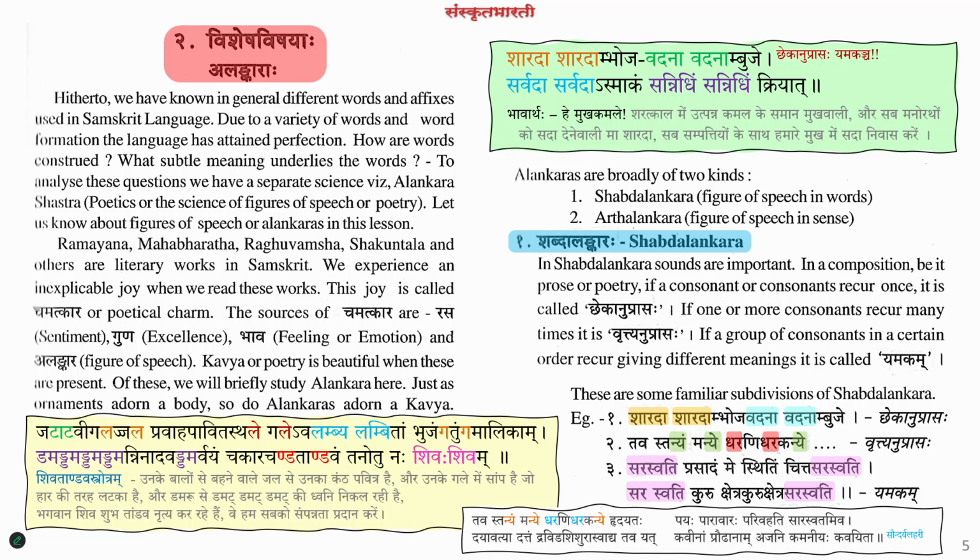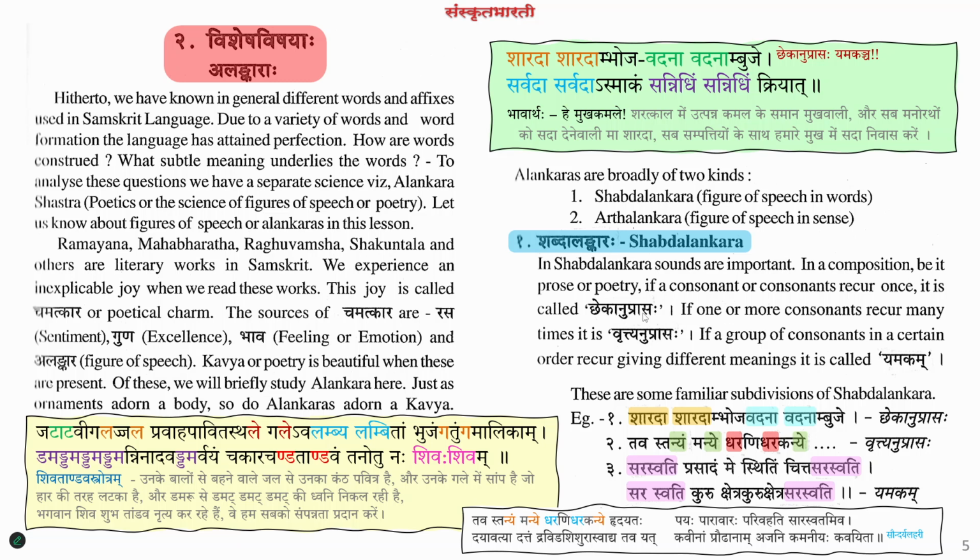But yes, this Chekanuprasa is more enjoyable if there is a repetitive, common distance. It is not enjoyable if ga comes together at one place and after so many letters one more ga comes. Nobody will enjoy that. If aga, taga, paga, like that, comes, we enjoy more. That equidistant placement is also there. They have not highlighted that, but yeah.